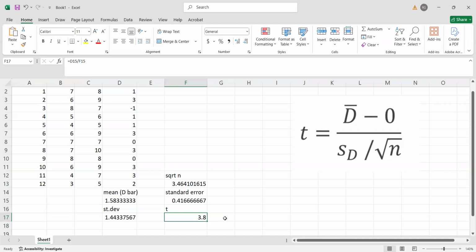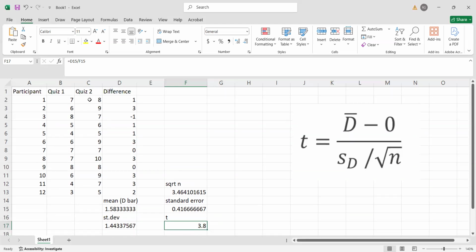If it's in the critical region, we get to reject the null hypothesis and conclude that this is a significant t-score. What that means is that there is a significant difference in quiz 2 grades compared to quiz 1 grades for these participants.